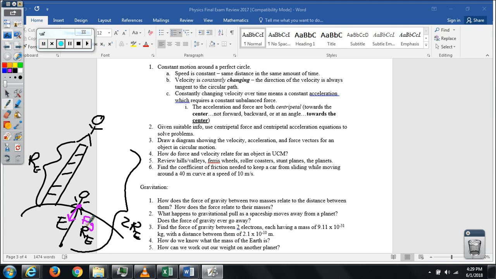So let's say that my weight was 160 newtons. How much do I weigh on top of this ladder? Well, I'm now further from the center of the Earth, so the force of gravity is less. So I will be lighter. I will actually be lighter.